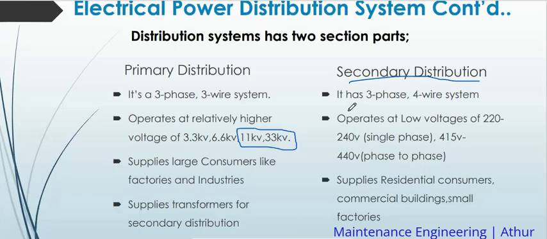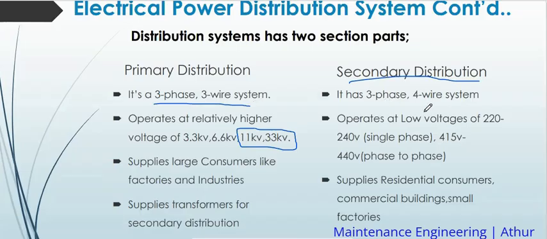When you come to secondary distribution, it has 3-phase and 4-wire. I have some pictures down here we shall see. For 3-phase, 3-wire, they are always just 3 wires up, and they are always moving horizontally on the top of poles.